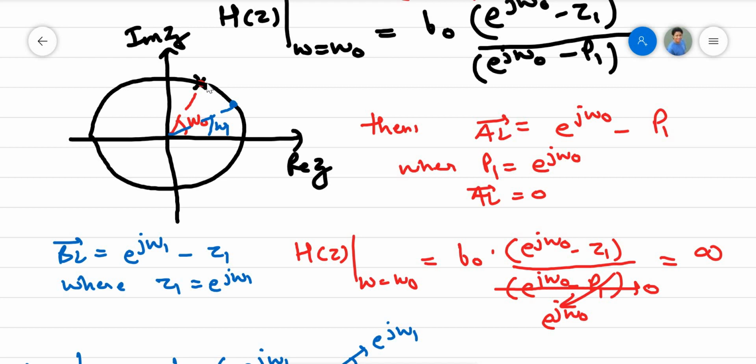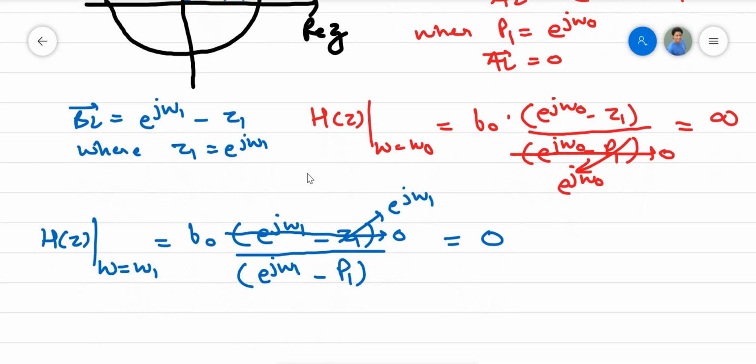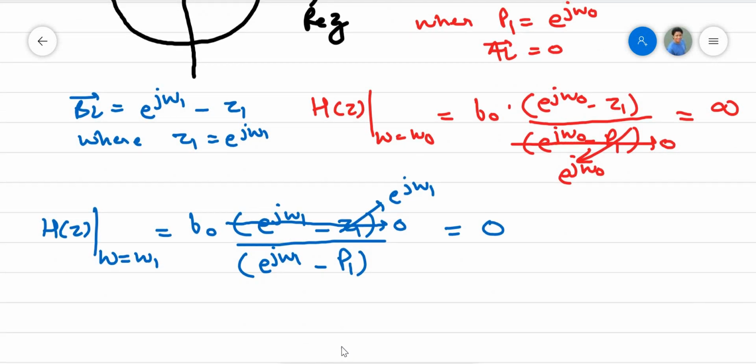And when we want to discriminate against a certain frequency, we allow some zeros to be near the unit circle at that frequency, so that it will be discriminated, right? So that is a very important point that should be understood in terms of pole and zero configuration for the implementation of filter design. Thank you. We will discuss further parts in the next lectures.